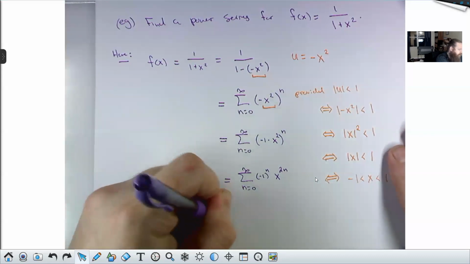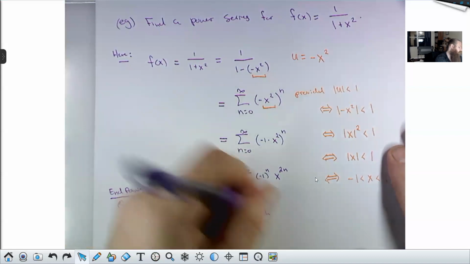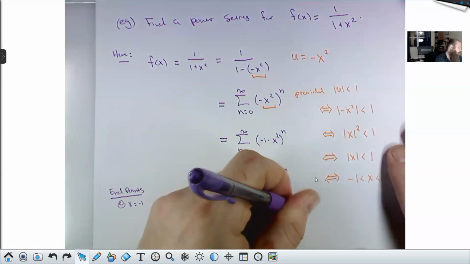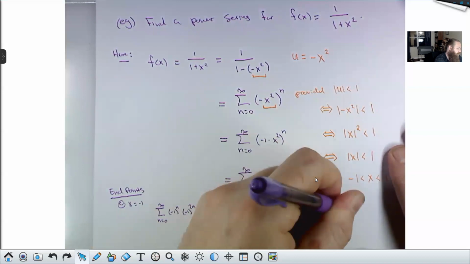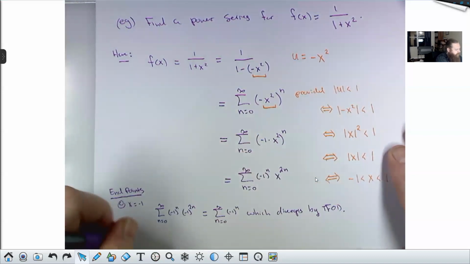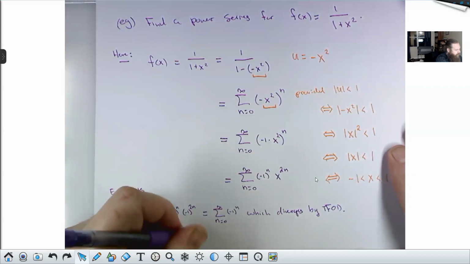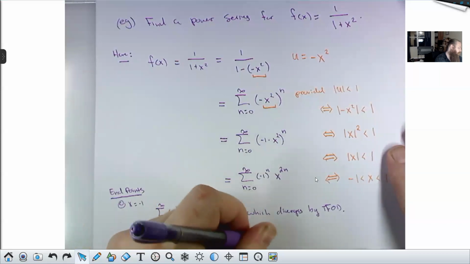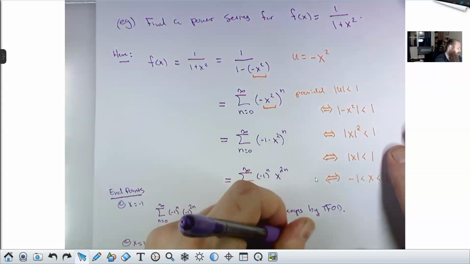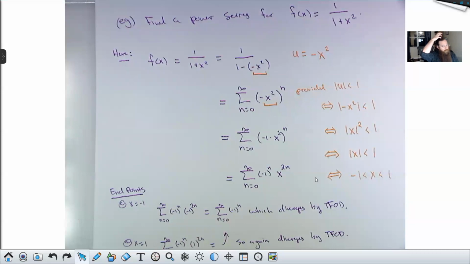So this is sigma n from 0 to infinity, negative 1 to the n, which we discussed diverges by the test for obvious divergence. And the same thing happens at x equals positive 1. That's the easier guy, actually. This would be negative 1 to the n times 1 to the 2n, which is equal to this thing. So again, diverges by TFD.